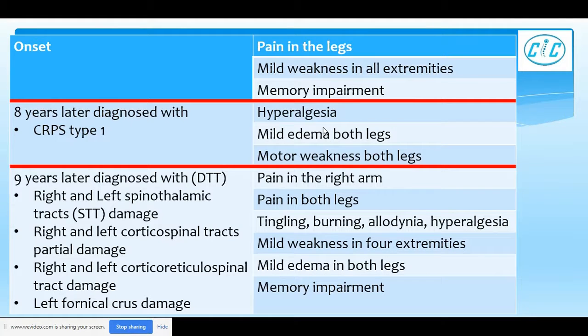Then it was 8 years later, and the patient was diagnosed with CRPS type 1. As you recall, type 1 is different from type 2.